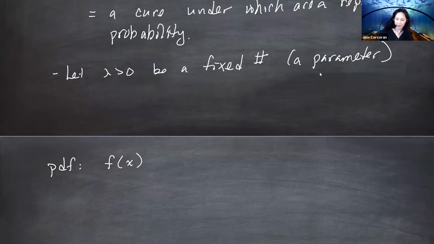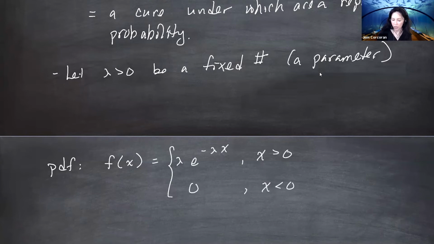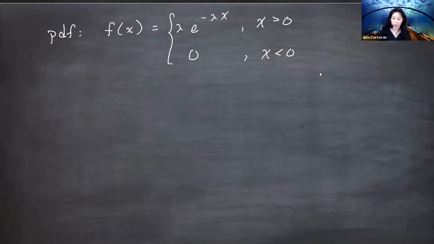So the PDF, one way to write it, is lambda e to the minus lambda x on x greater than 0, or greater than or equal to 0. The area under the curve over any single point is 0, so it really doesn't matter where that goes. And 0 otherwise. If you've read my intro chapter 1, you'll see that I like to write these with indicator functions.